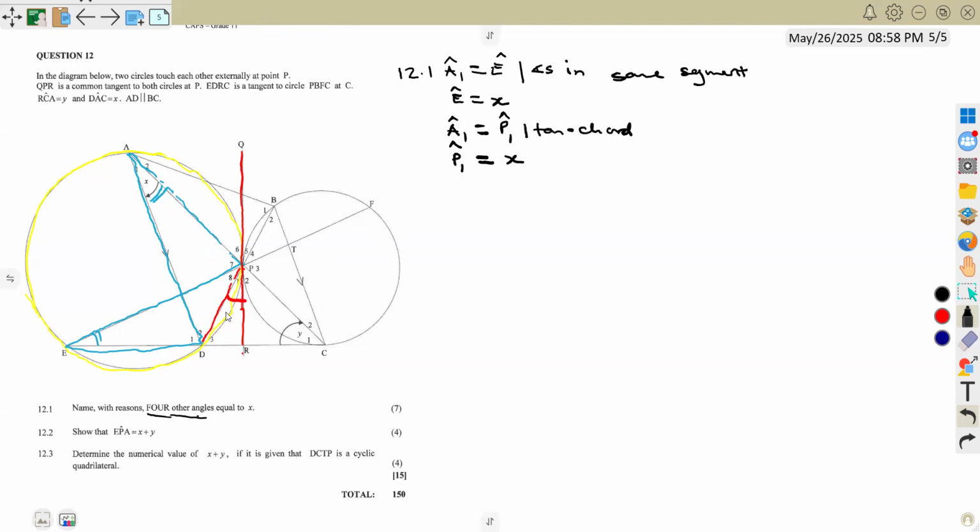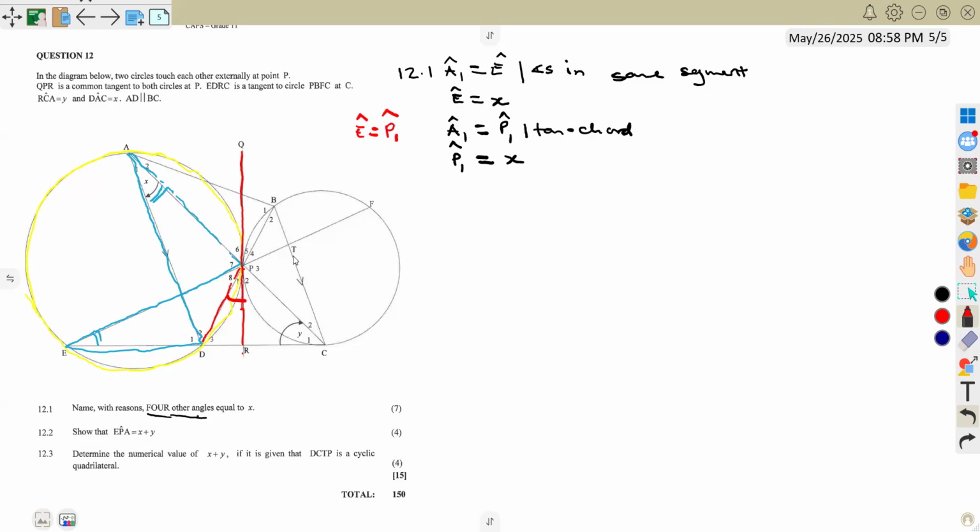But instead of putting it that way, we can relate it to the angle between this tangent and this chord. We can also say the angle E, which is there, must be equal to the angle P1.